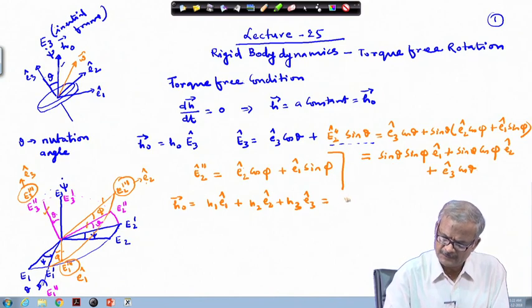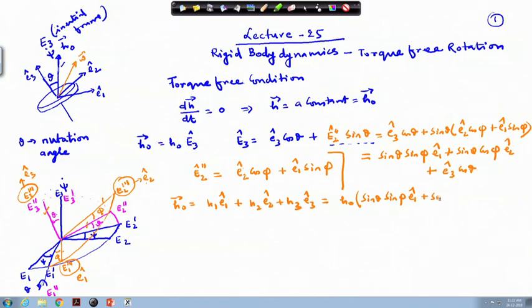So, this implies this quantity will be equal to H 0 times cos theta times E 3 cap.